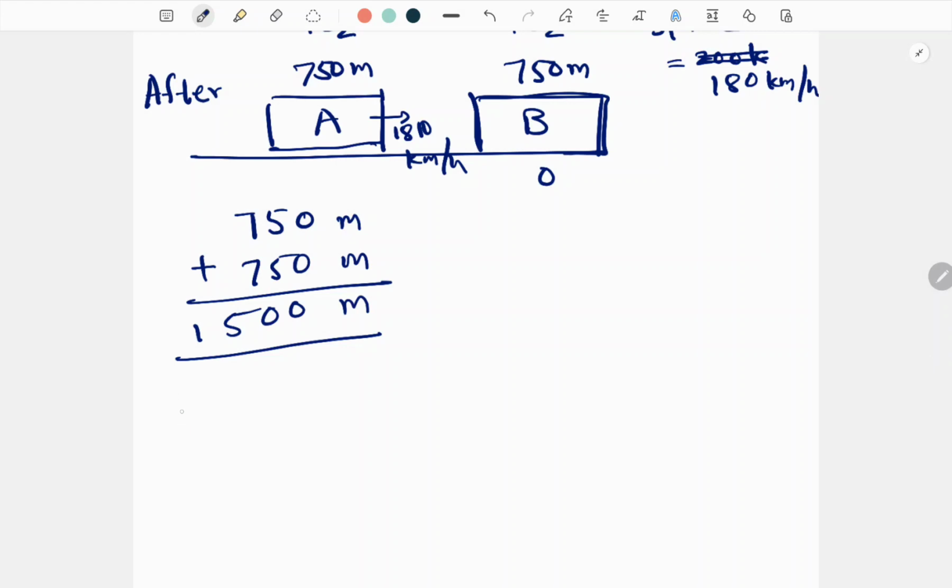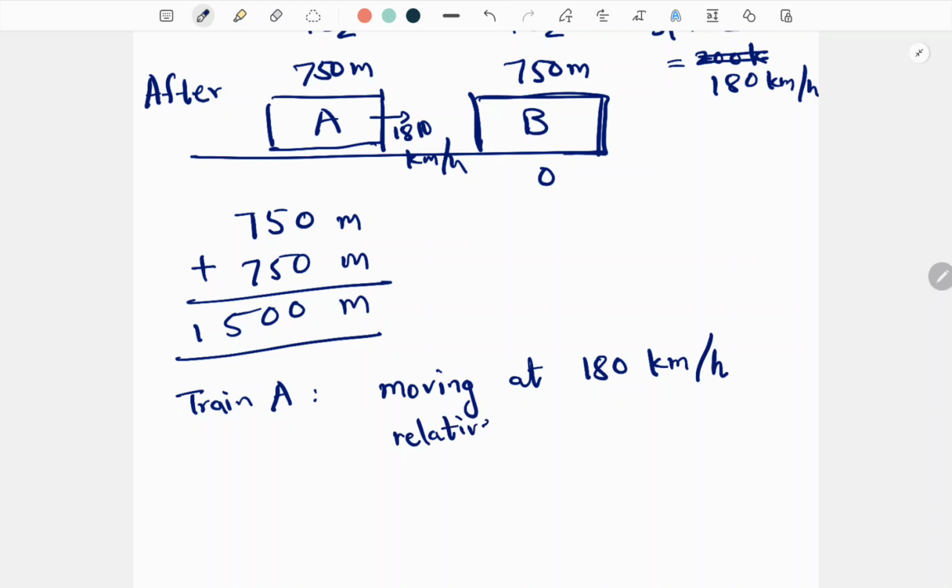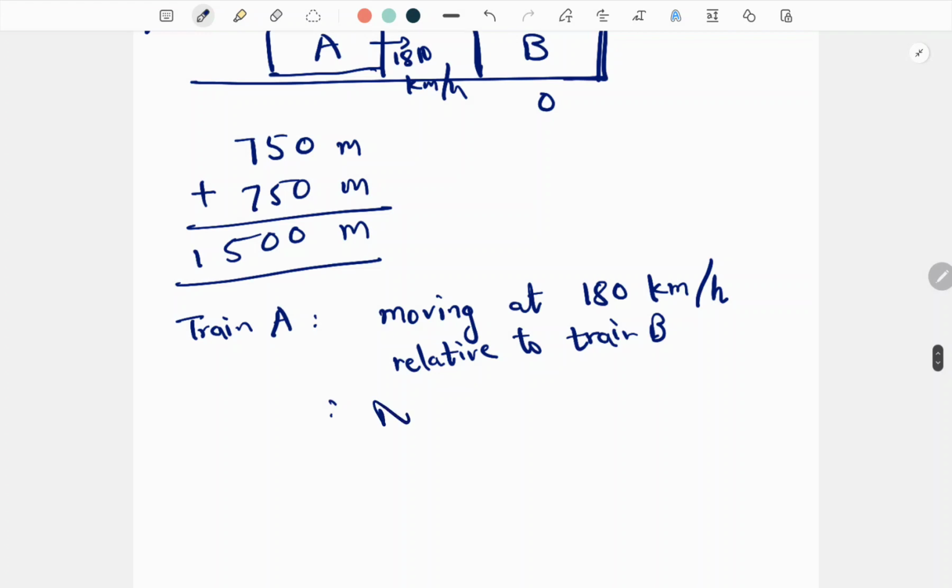So we have train A moving at 180 kilometers per hour relative to train B, and it needs to travel 1500 meters.